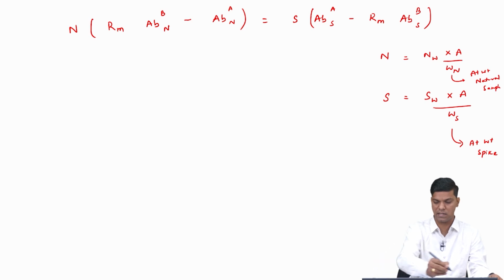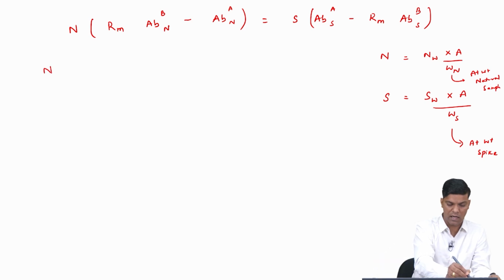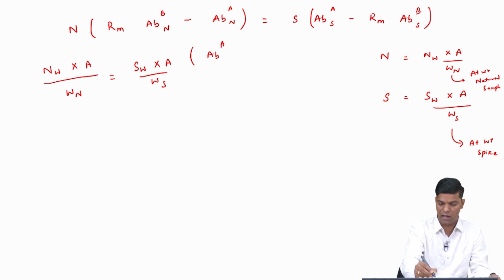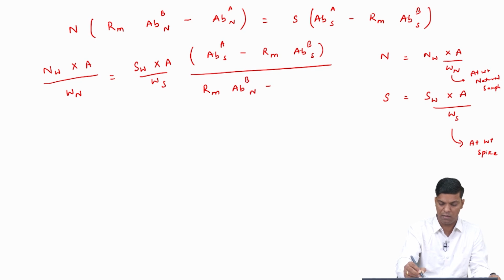If we replace this N here, this is Nw into A by Wn is equal to Sw into A divided by Ws, times (abundance A S minus Rm abundance B S) divided by (Rm abundance B N minus abundance A N).